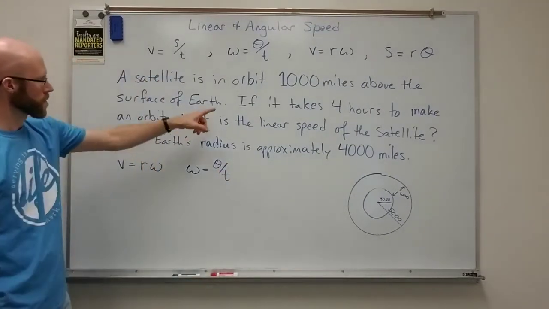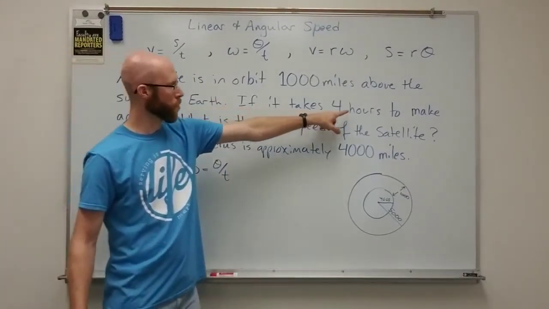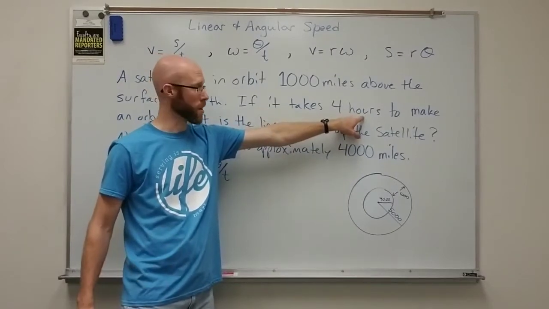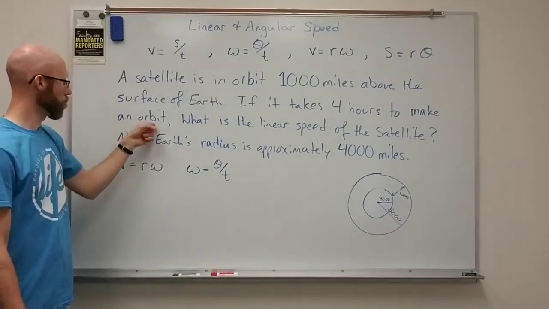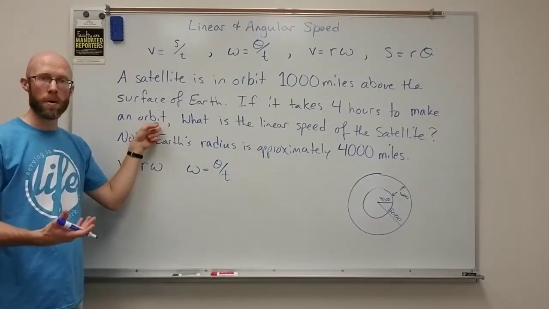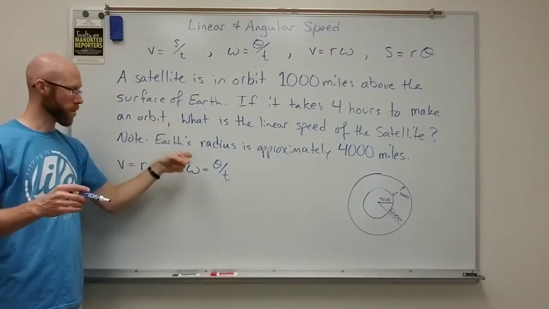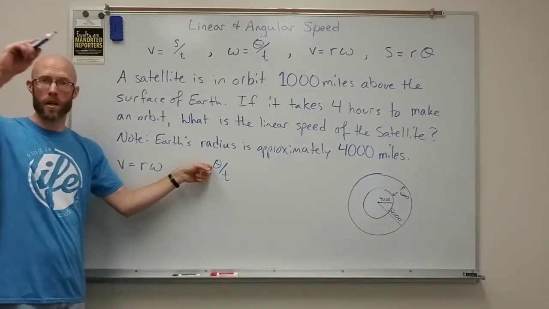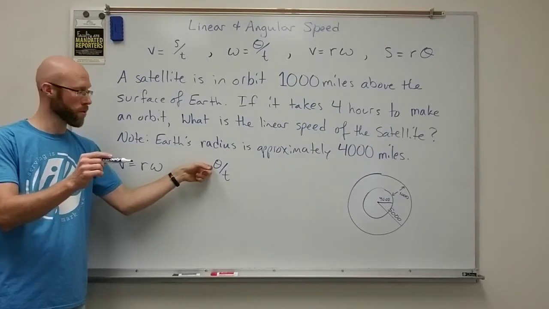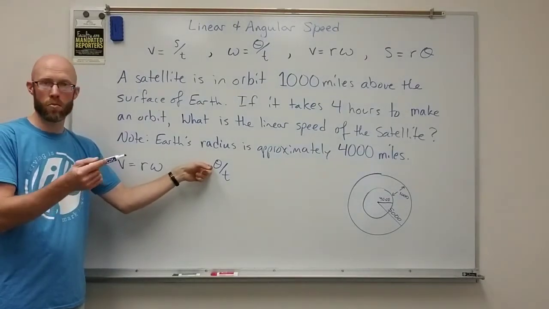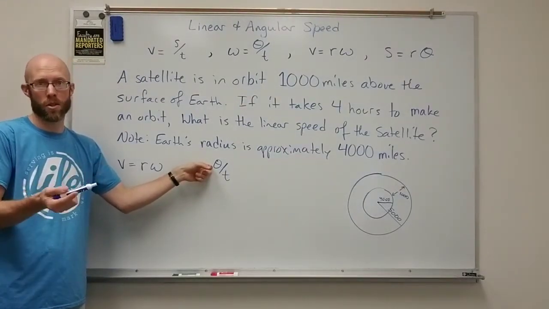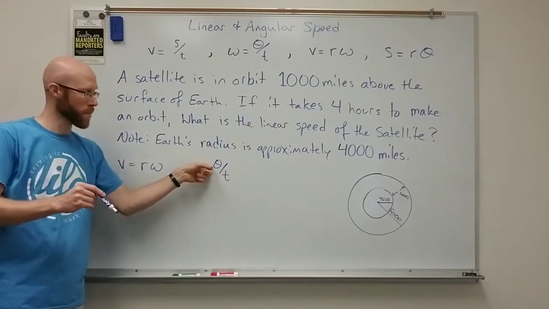Well, the second sentence says it takes 4 hours, that's a good time right there, to make an orbit. Okay, an orbit is what theta? Well, one orbit is like one revolution around the Earth, which would be how many radians? Well, 2 pi, it's a complete circle.